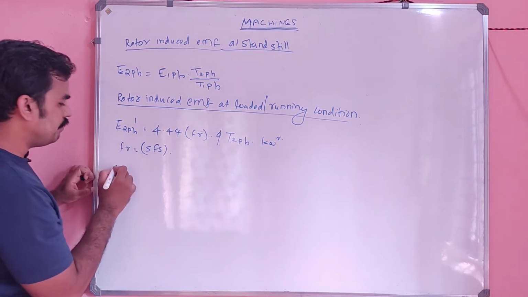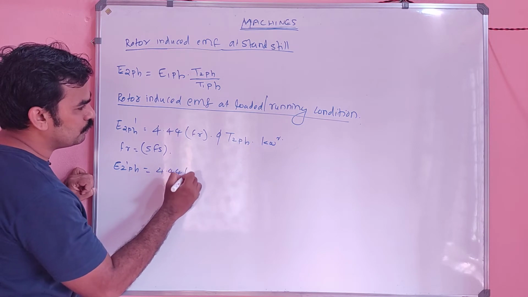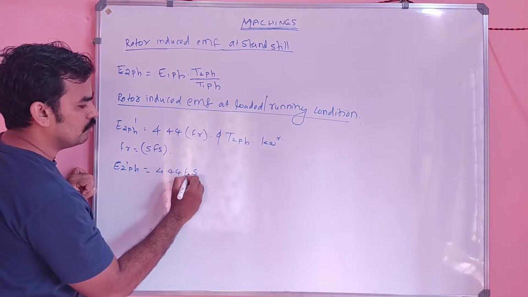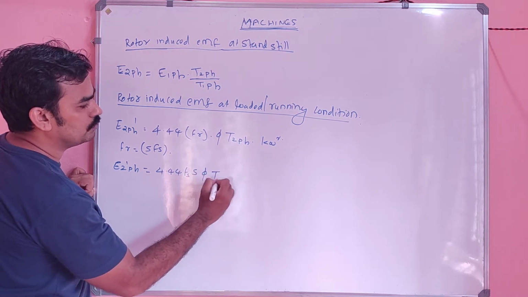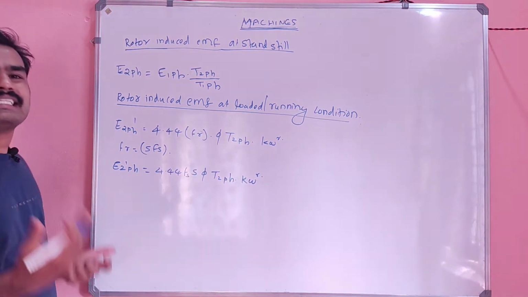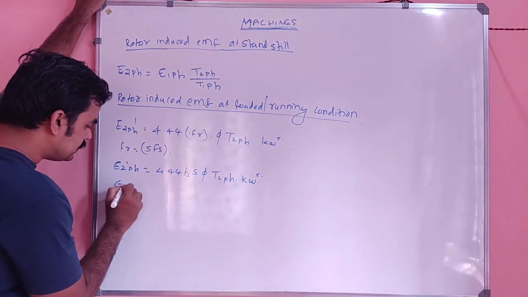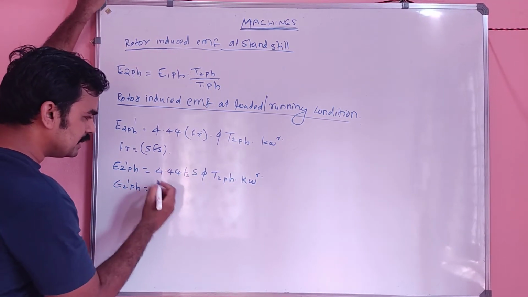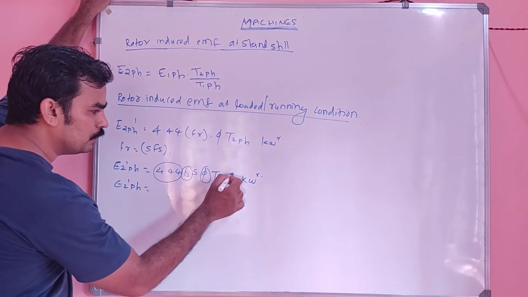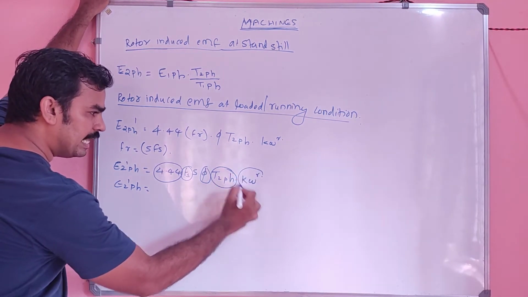So we can write E2 dash phase equal to 4.44 into S into Fs into phi into T2 phase into Kwr, the winding factor of the rotor.